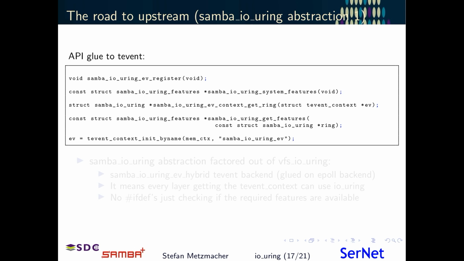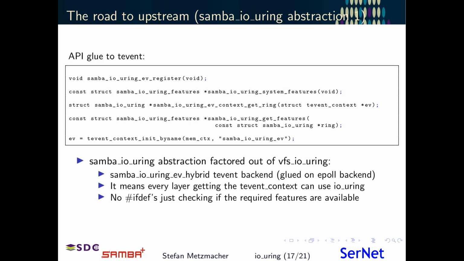Then we have a function to get features, so that we can detect at runtime what we can use and what we can't use based on what we find in the kernel. And that makes it much easier to code and avoid ifdefs in the code.